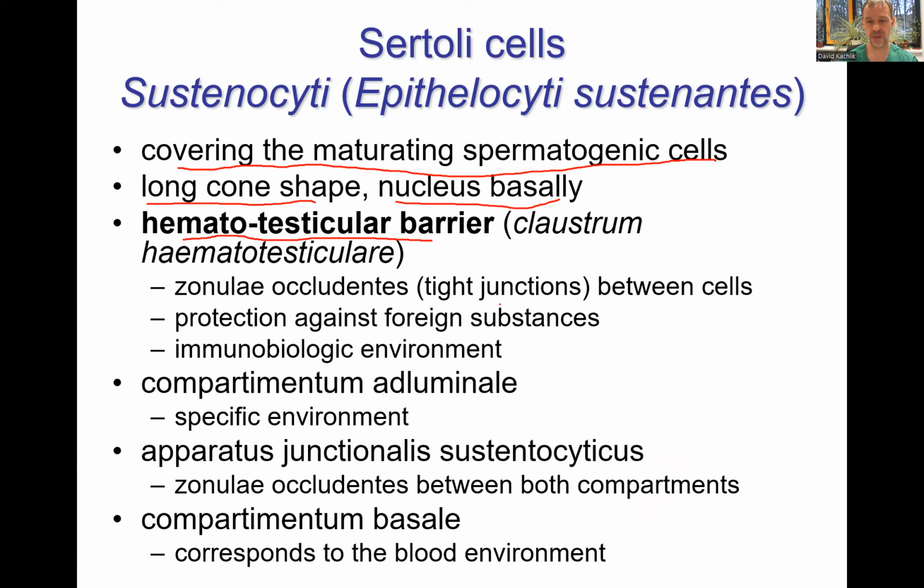To form such a barrier, you need to form a tight junction. So there are tight junctions, and they divide the basal compartment and the adluminal compartment with specific environment to separate all the developing stages but spermatogonia type A.